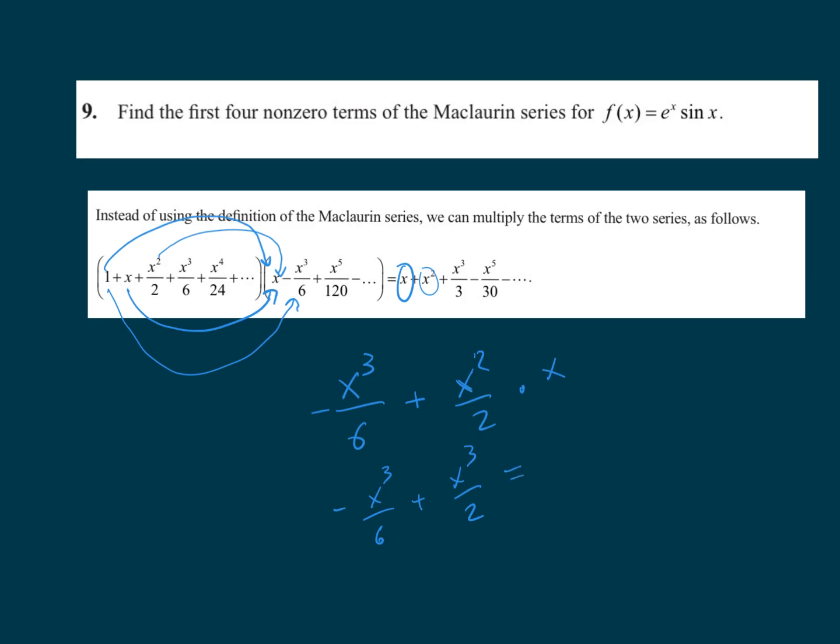So it will be minus x cubed divided by 6 plus 3 times x cubed divided by 6. So it will be 2 times x cubed divided by 6, so it will be 1/3 x cubed. So the cubic term that will appear is 1/3 x cubed.